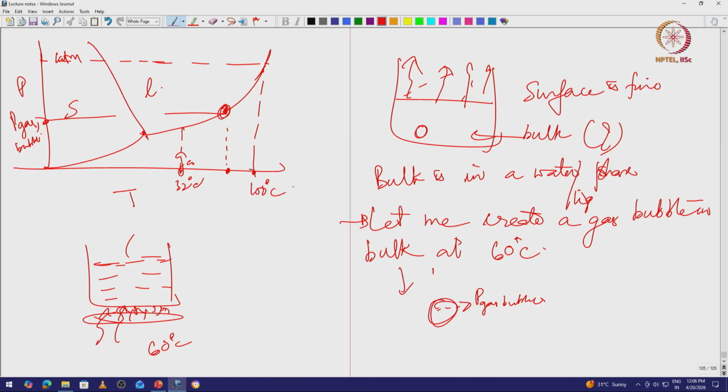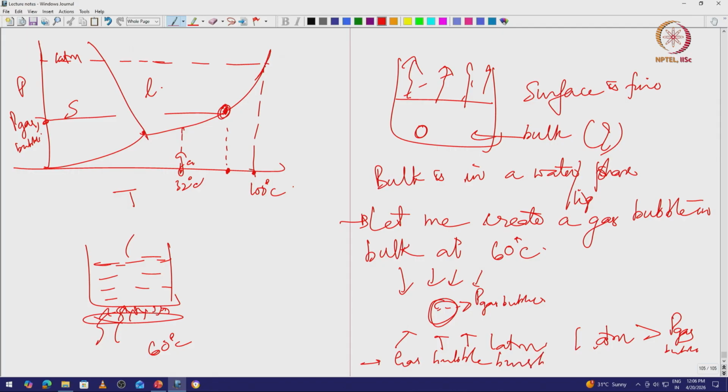But externally, I am already applying a pressure of 1 atmosphere, and 1 atmosphere is larger than P gas bubble, right. So, when I apply a larger pressure on this gas bubble, I am just going to burst it. So, the gas bubble bursts, right.